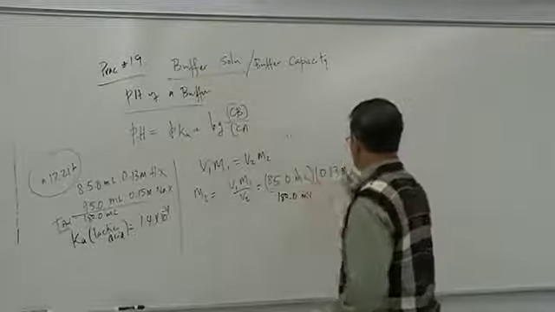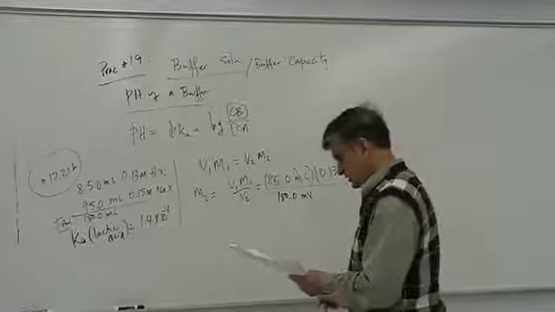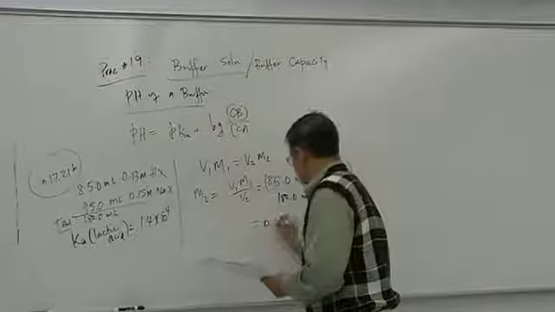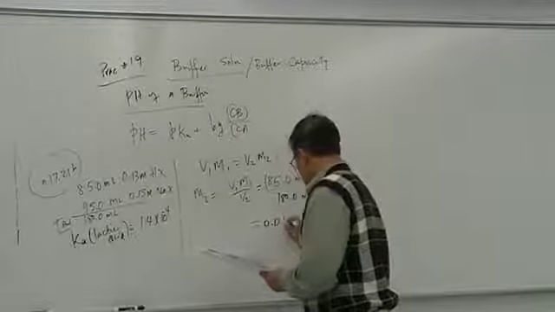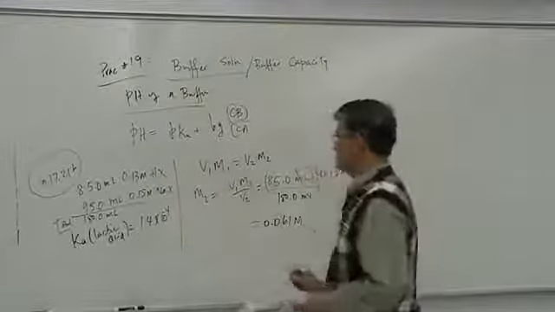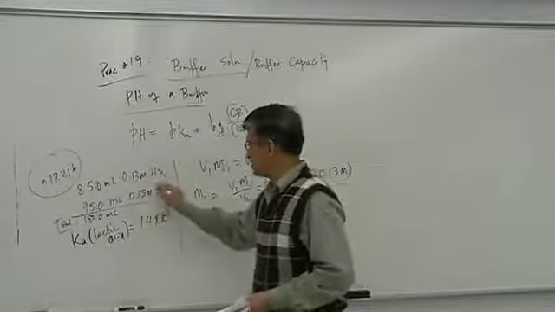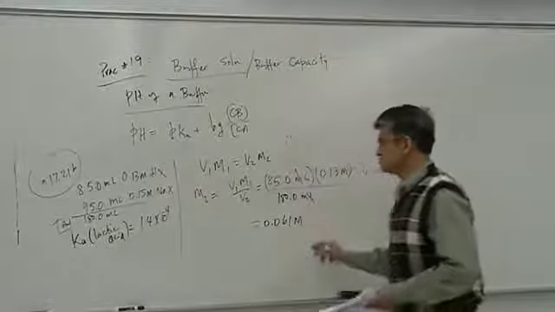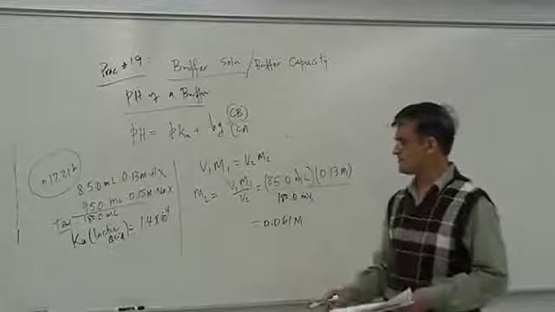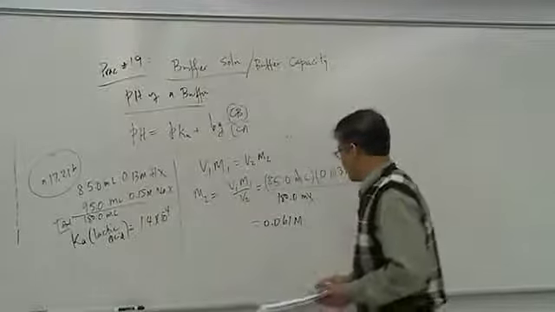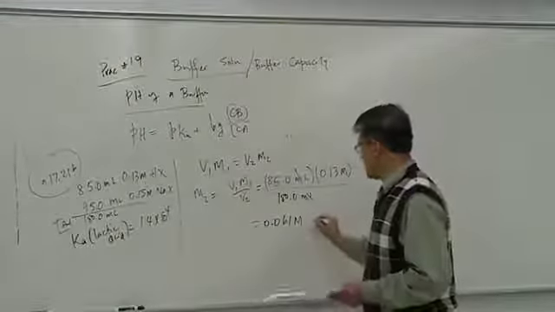The ml cancel out, which gives you molarity, and I got 0.061 molar. So 0.13 has dropped to 0.061 because volume increased when you added 95 ml of the second solution. This is the new concentration of HX.